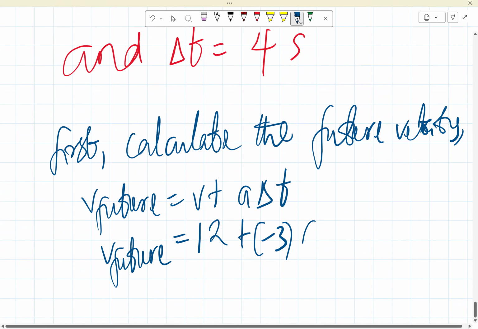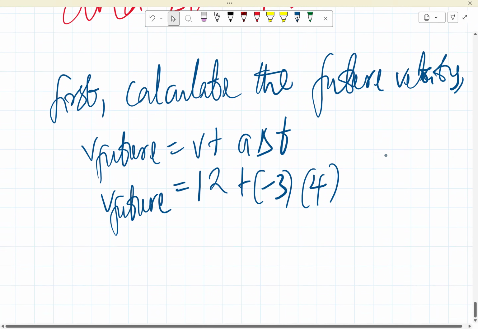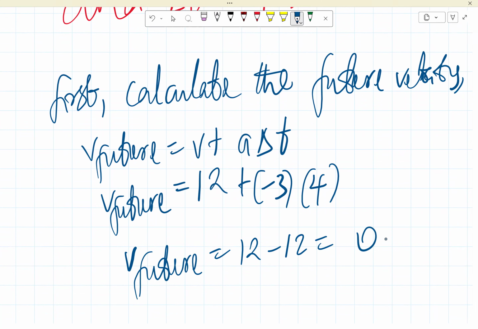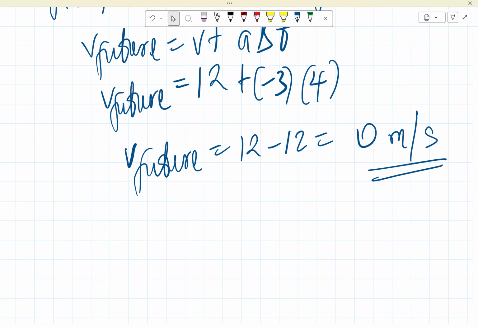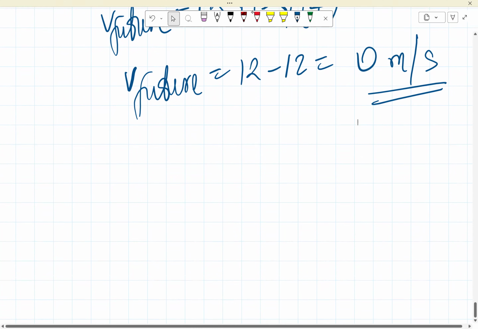Acceleration is minus 3. Change in time is 4. So we have v future to be 12 minus 12, which is 0 meters per second. So it means the vehicle is slowing down, right? Being able to calculate that will actually give the signal that you have to stop at some point.